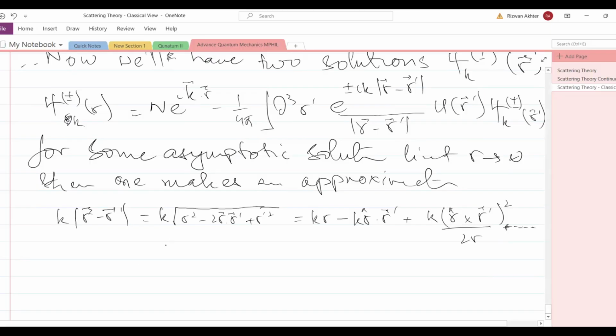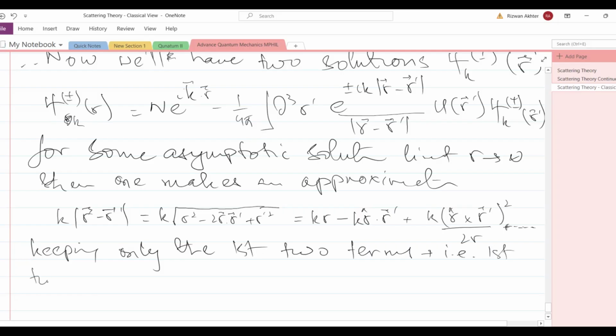So the purpose is keeping only the first two terms for exponential, and first term for denominator.